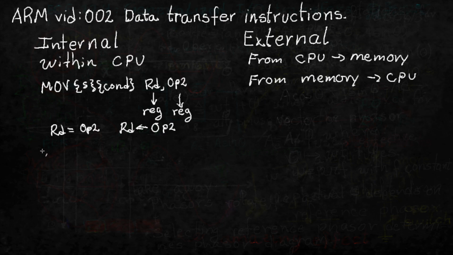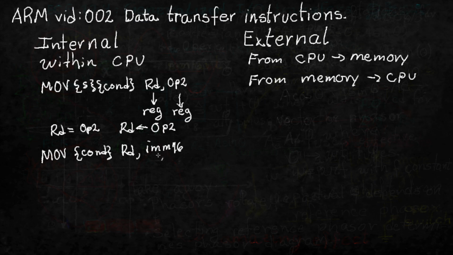Another format for this instruction allows you to use a constant as that value we want to move into the register. And at first this may seem not internal, because where is this thing? It cannot be inside the CPU, right?